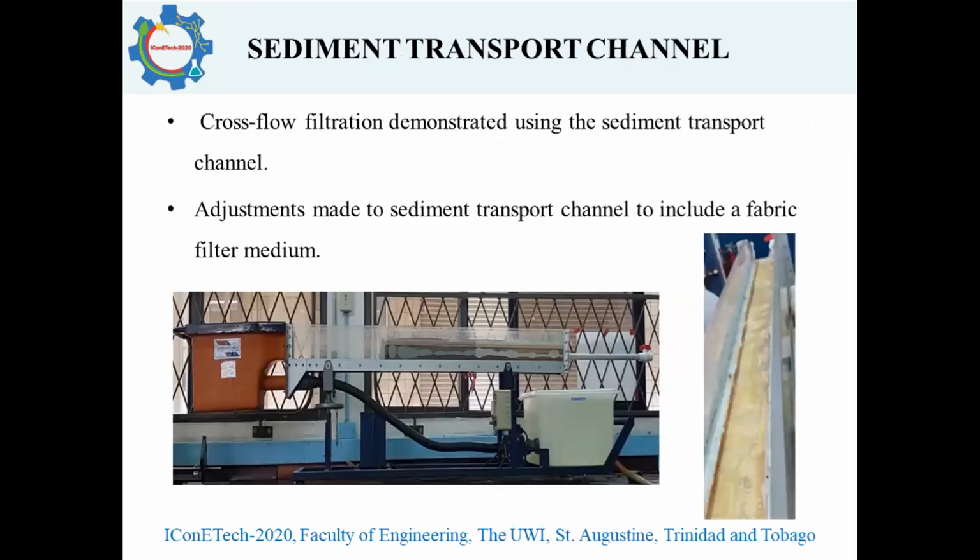I also used a sediment transport channel to demonstrate crossflow filtration. I made adjustments to the channel by including a fabric filter medium, which was constructed and inserted into the channel so that the flow of water would be parallel to it.